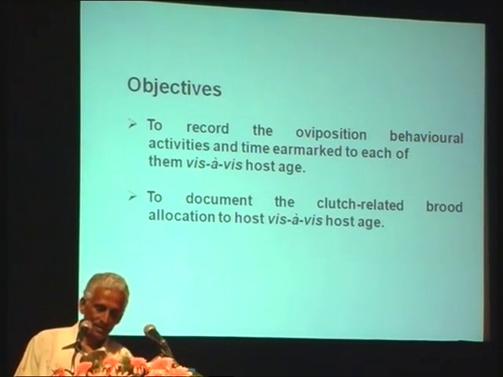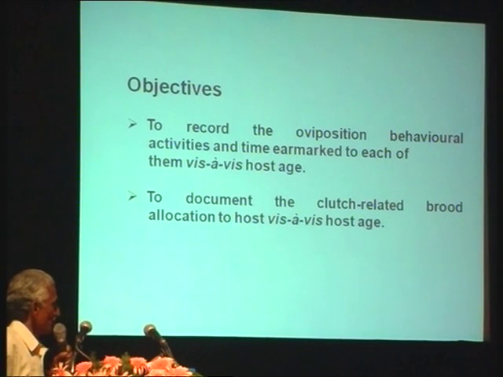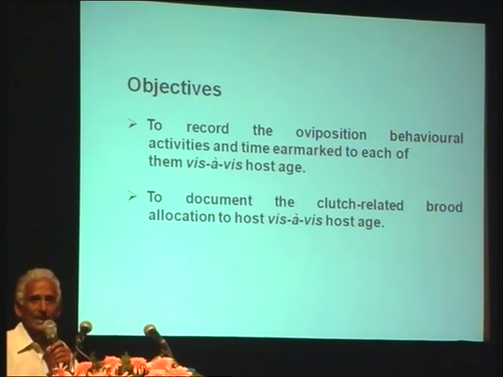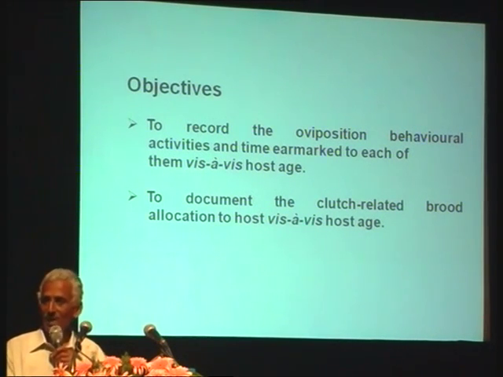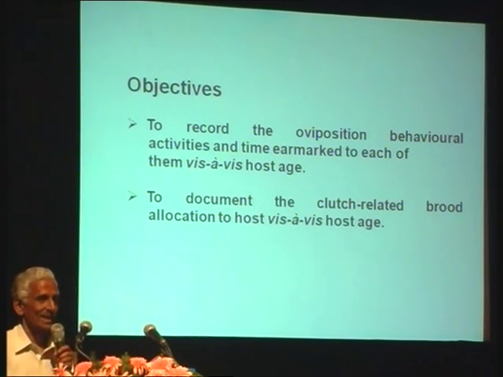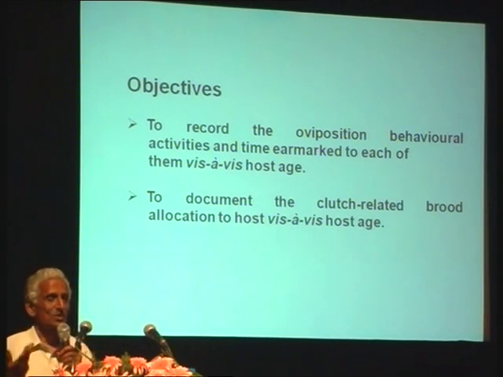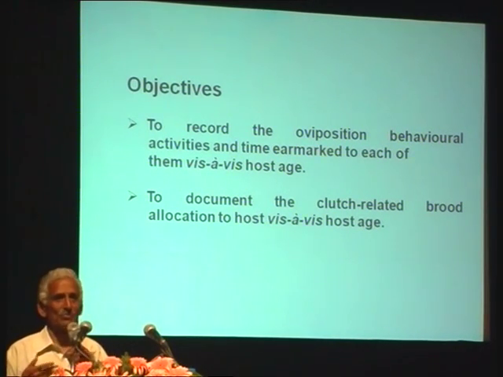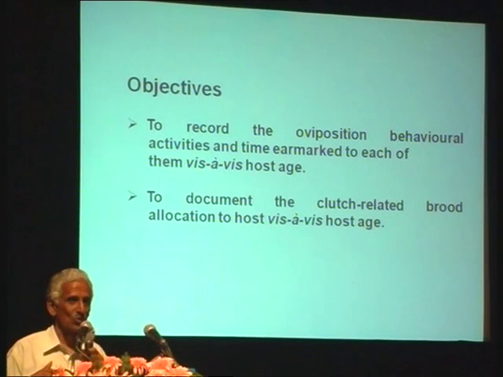So we have taken up the work with the objectives of studying the oviposition behavioral activities of this parasitoid: what type of host it prefers, whether it prefers a young host or an older host, whether it prefers a bigger host or a smaller host.